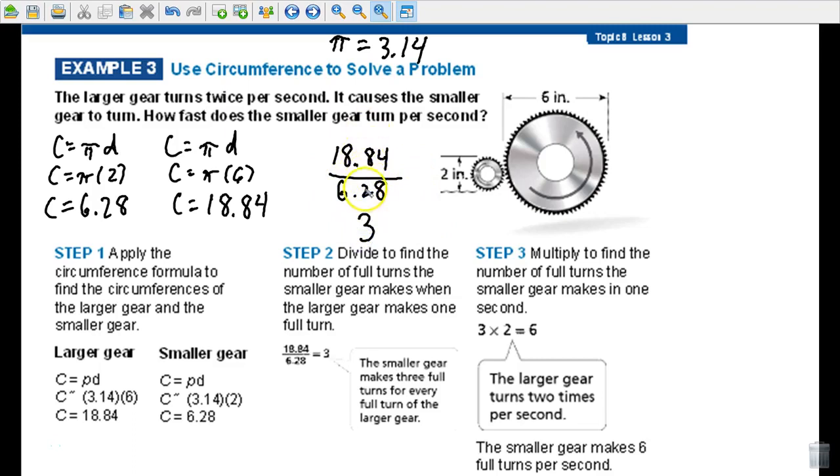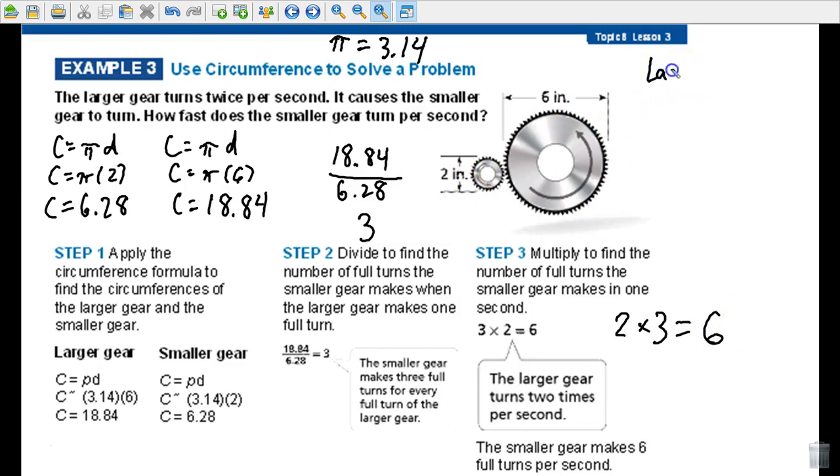So every turn this large gear takes, this small gear goes 3 times. Now the larger gear turns twice per second, so we do 2 times 3. And that tells us that every second, the small gear turns 6 times.